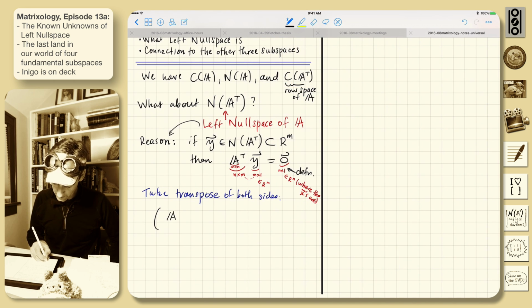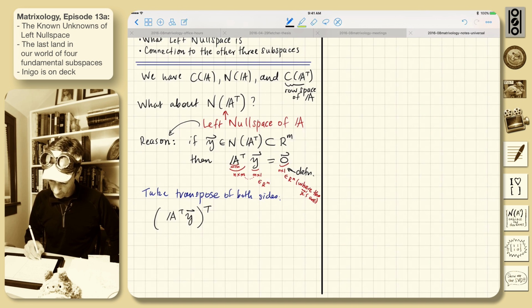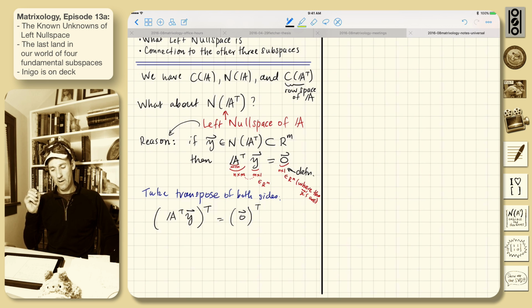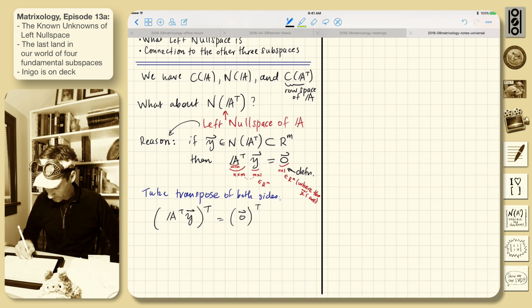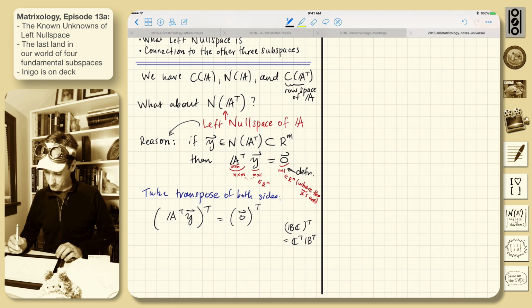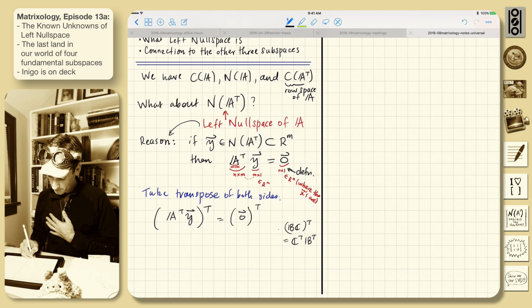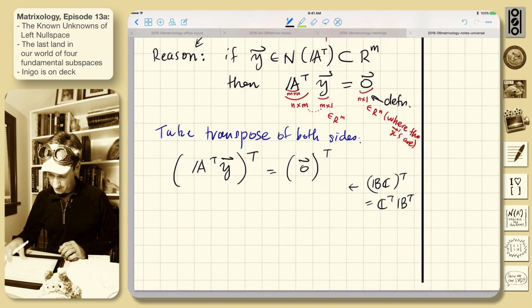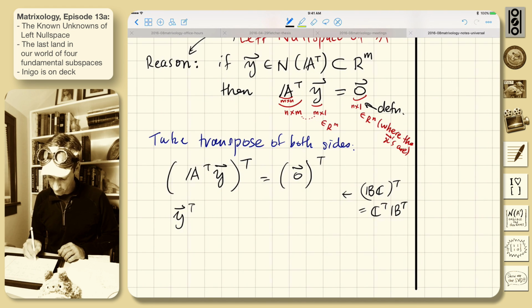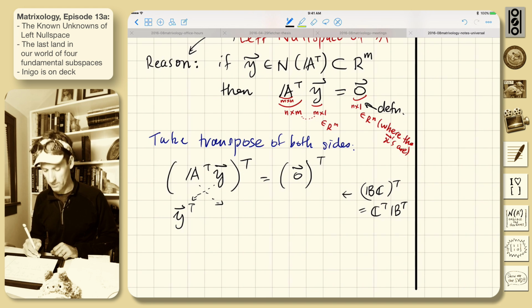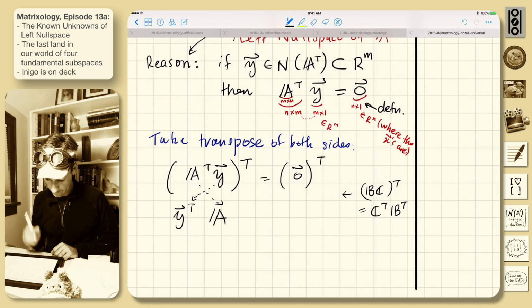Nice big friendly parentheses, transpose equals 0 transpose. We're going to use this, and so there's going to be a y transpose, and then A transpose transpose is just A.